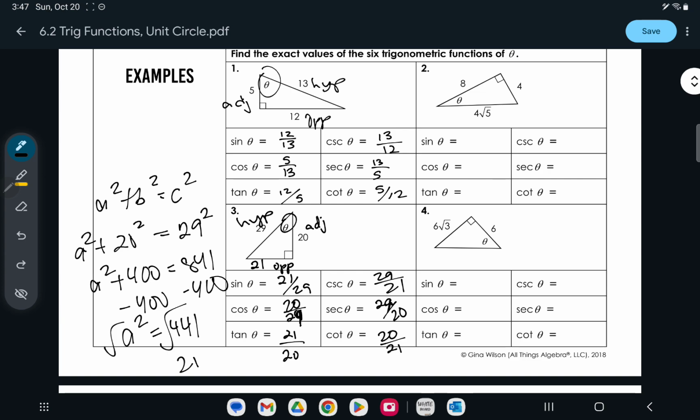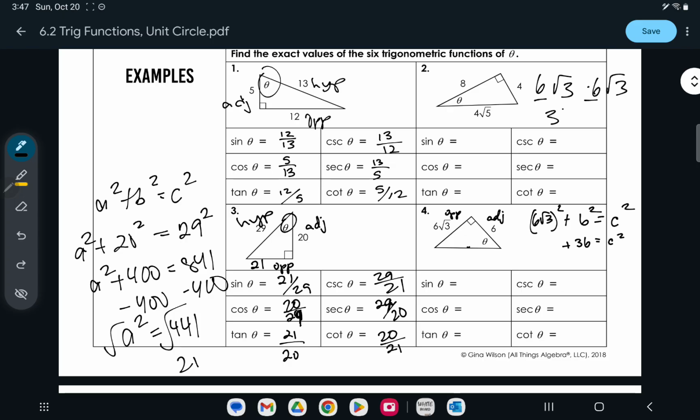Alright, let's do one where we're missing a side and have a radical. I'm missing the hypotenuse. Opposite, adjacent. A squared plus b squared equals c squared. I'm going to write over here 6 root 3 times 6 root 3.